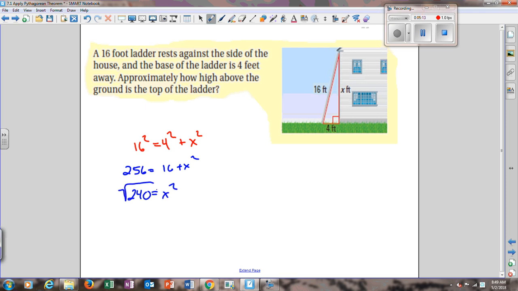And you just take the square root of both sides. The square root of 240 is about 15.5. So your building would be 15.5 feet high.